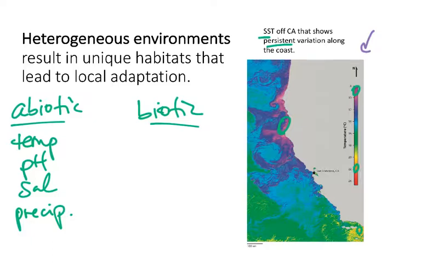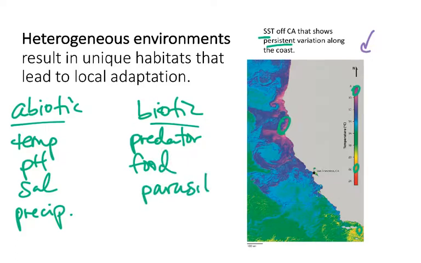If we're thinking about biotic things, it could be things like predator abundance, food abundance, parasites, all those types of things. So interactions with other organisms in the environment, if those differences are consistent and different across these unique habitats, then those kinds of factors can also absolutely cause local adaptation as well.